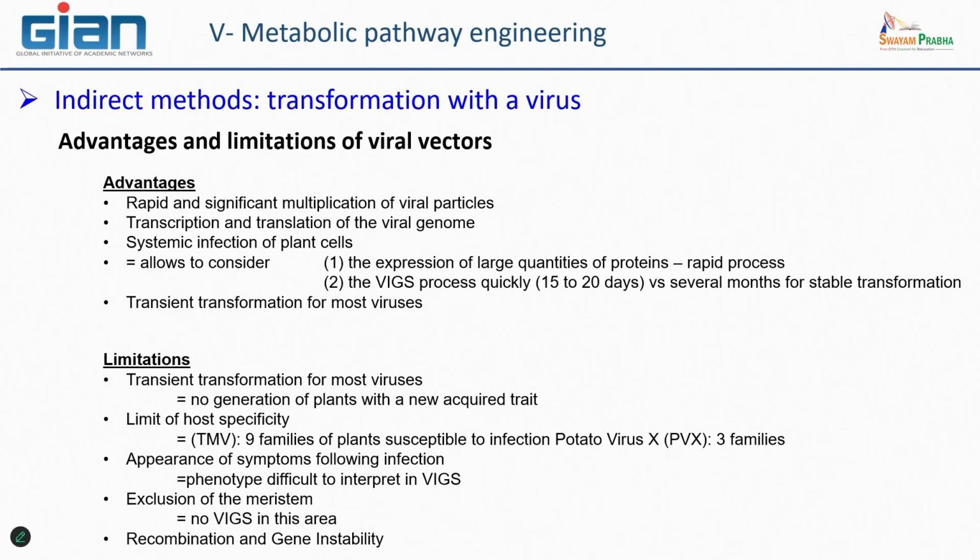It is exactly the same with viruses. So not all plants can be managed with a virus vector until now. We have time to find new viruses and also to increase the number of viruses that can be used.